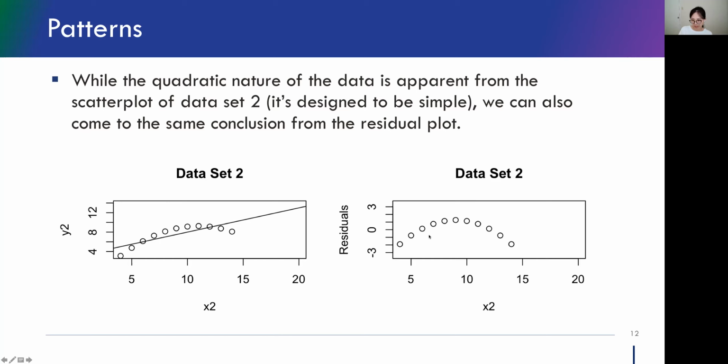So the residuals have a relationship with x2, which means they are not random. Random means it can go anywhere, but not with this curve pattern. So this is an example of checking the residuals and finding the model is not valid.